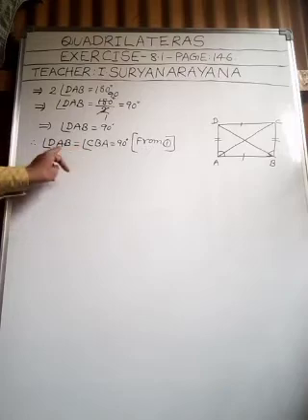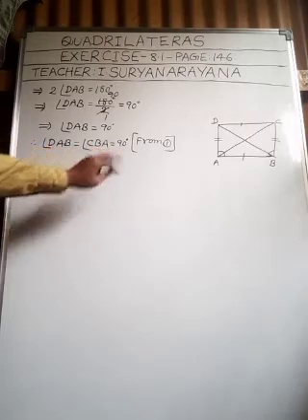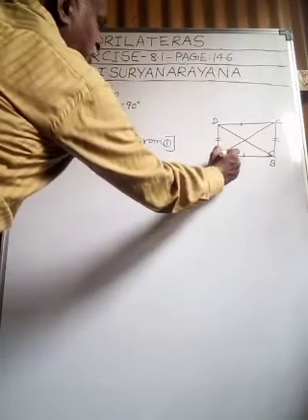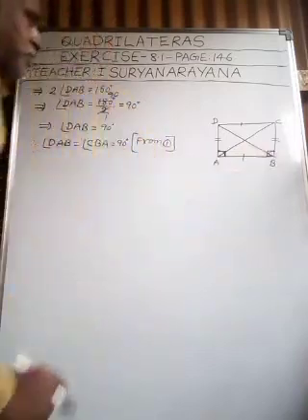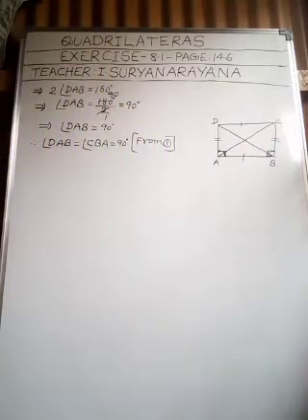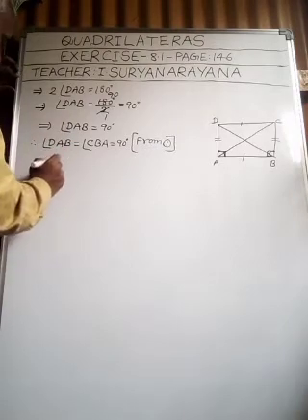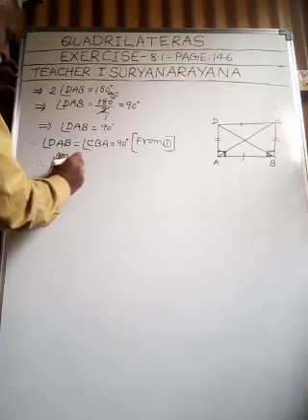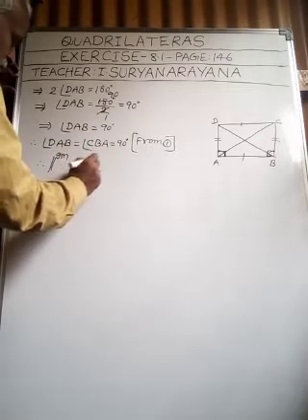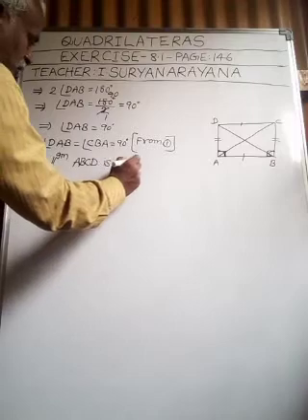Both are equal angles, equal to 90 degrees. So this is 90 degrees and this is also 90 degrees. So we can say that the parallelogram is a rectangle. Therefore, parallelogram ABCD is a rectangle.